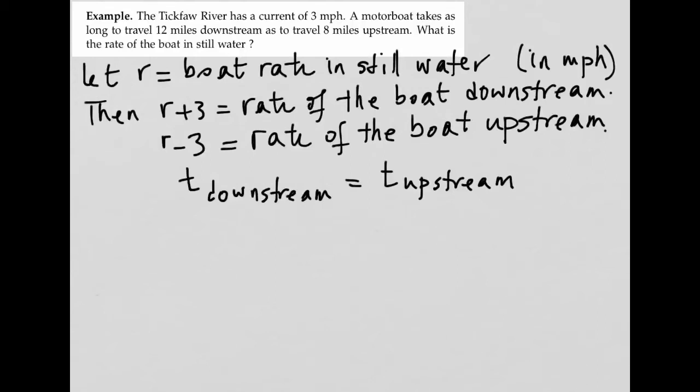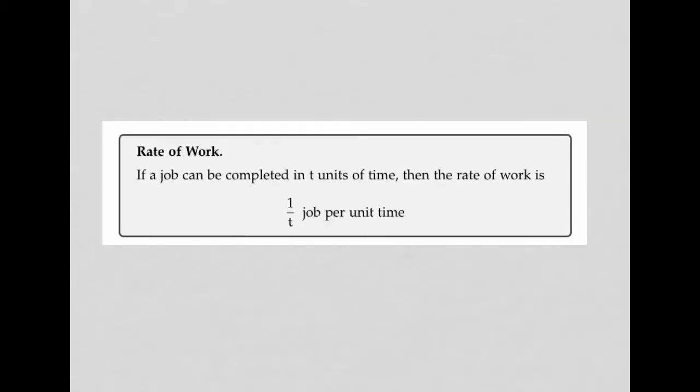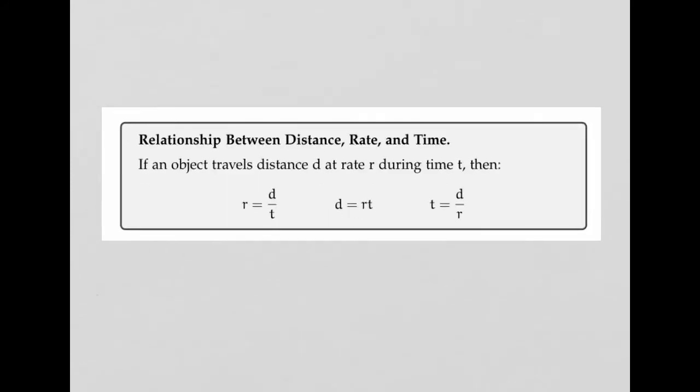What I mean here is T downstream is the time it takes the boat to travel 12 miles downstream, and T upstream is the time it takes the boat to travel 8 miles upstream. Let's go back to the relationship between distance, rate, and time. Notice that time is the distance divided by the rate. T is d over r.